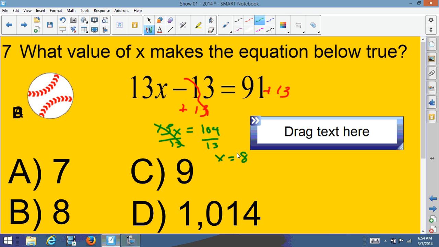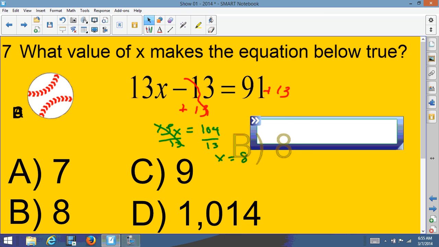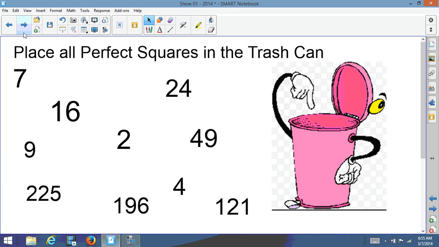So 8 times 13 is 104, and 104 minus 13 would be 91. So I'm guessing the answer is choice B. Let's drag it over and see. Yes, we're right. So solve your equation. You can transpose or you can guess and check. Let's go to our next question.